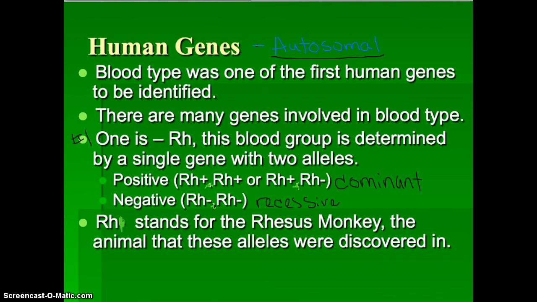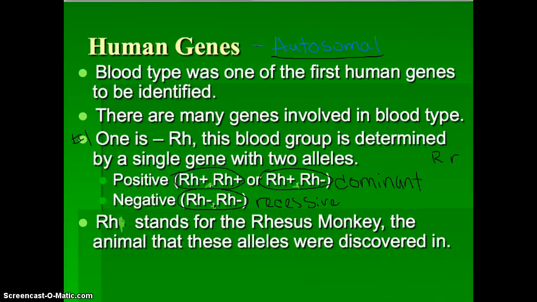So in our positive, you're going to see 2 positives or a positive and a negative, and for the negative, you'll see both negative. Again, you could give them a capital R and a little r and go about it that way. But you're positive if you have any dominant, and you're negative if you have both recessive.